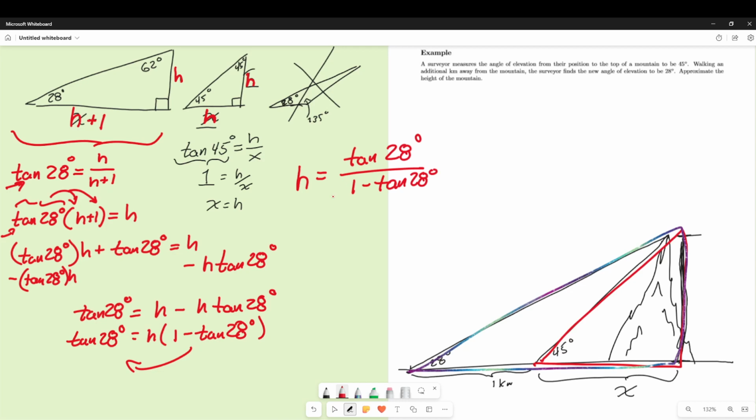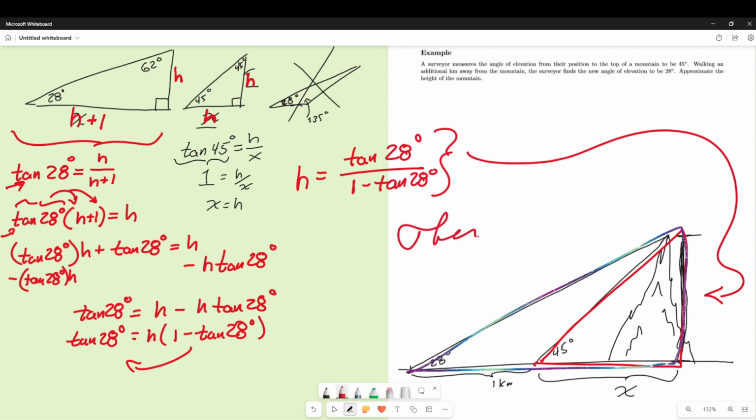But at some point, it would probably be nice to ask a computer or a calculator what that value is, so we can say, and it would be in kilometers, because this one is in kilometers, all these lengths are in kilometers, and figure out what that height is, and hopefully you'll do that and have that actual height in your notes, and write the mountain is whatever kilometers high.